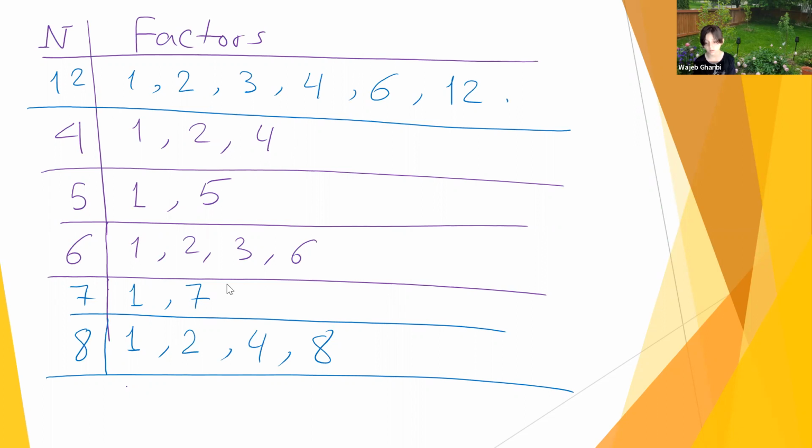Number 12 has the factors 1, 2, 3, 4, 6, and 12. 4 has the factors 1, 2, 4. 3 is not a factor of 4. 5: 1 and 5. 6: 1, 2, 3, 6. 7: 1 and 7. 8: 1, 2, 4, 8.